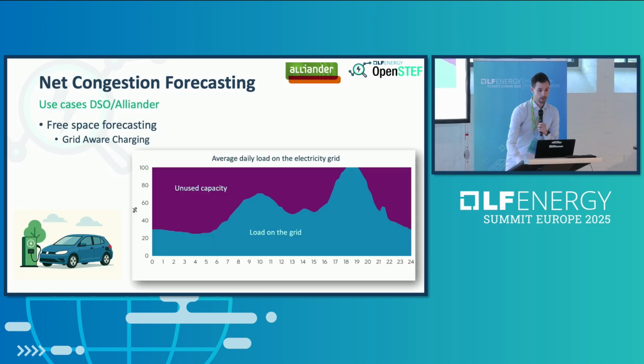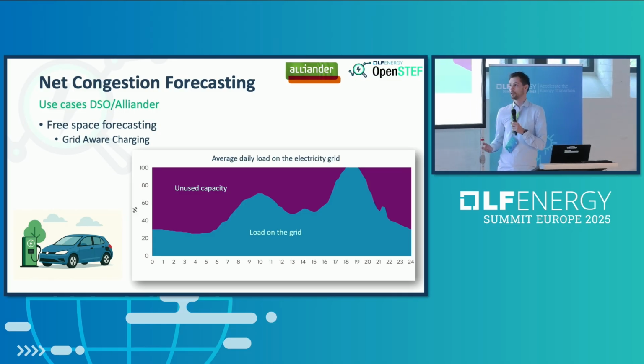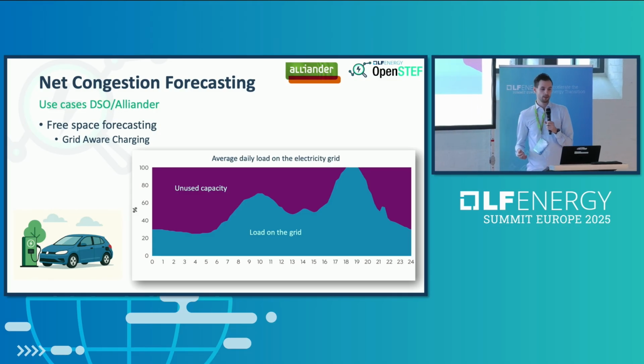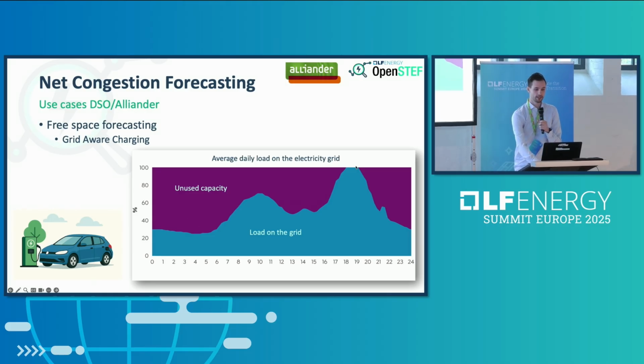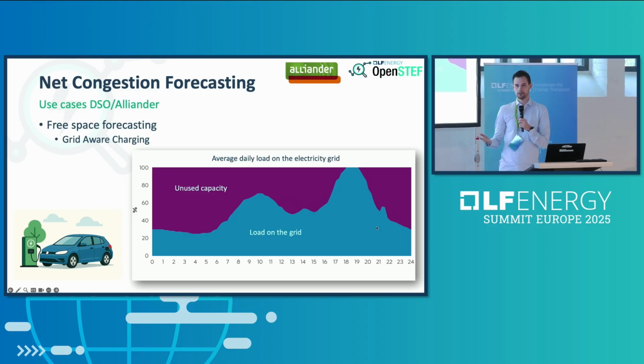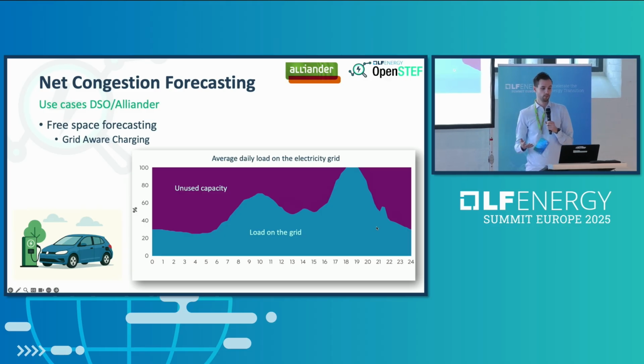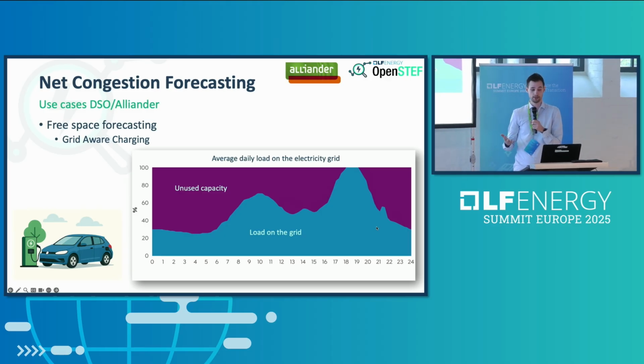And then a different way of doing net congestion, where we also need these forecasts, is for free space forecasting. When we say the grid is full, we do not mean that the grid is full 24/7. When you look at the typical usage of the grid for a given day, you usually see that there's one peak moment that really limits what can be connected to this asset or to the grid.